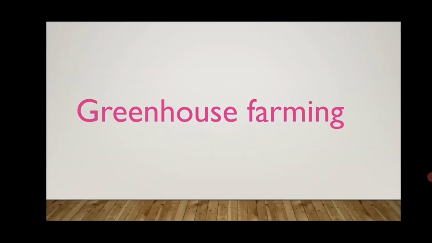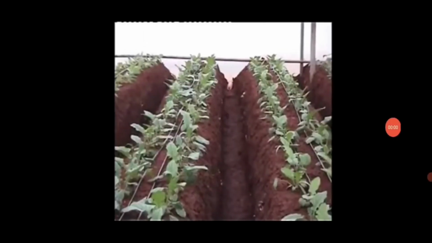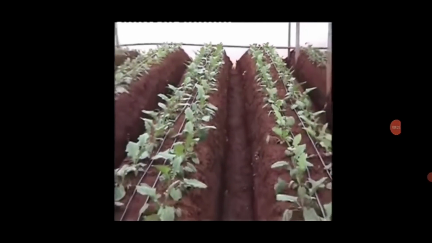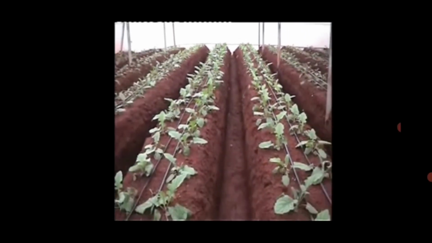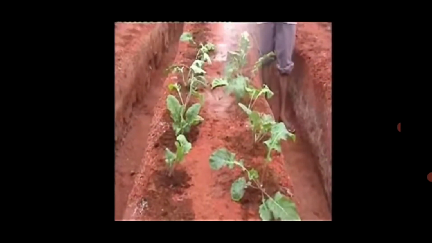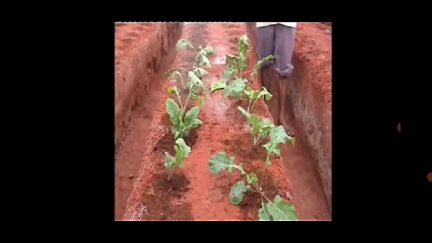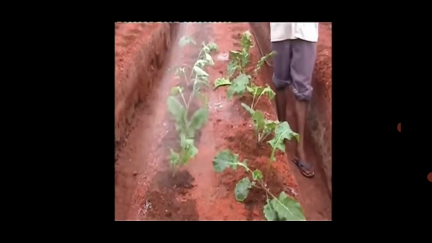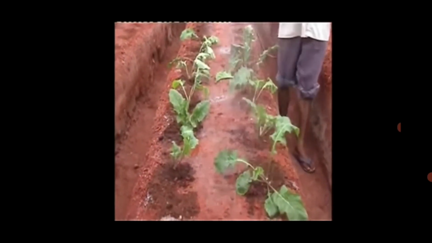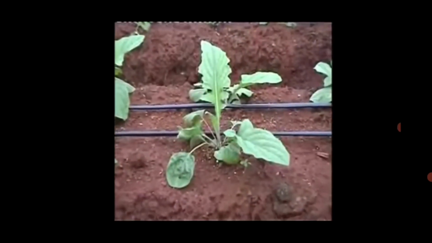Next, greenhouse farming. Greenhouse farming facilitates getting maximum product from the land. It can have total control over natural factors like climate, heat, atmospheric moisture, as well as soil moisture. It assists in getting maximum economic benefits.